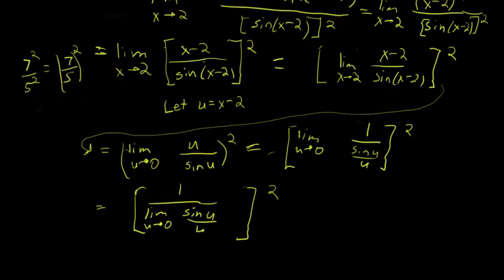That's just because this is the same thing as sine u over u to the negative 1. And the limit of something to any power, in this case the negative first power, is the same thing as taking the limit first of that something and then raising that limit to the negative first power, which is the same thing as saying 1 over that limit. And fortunately, we do know this limit, right? It's 1.